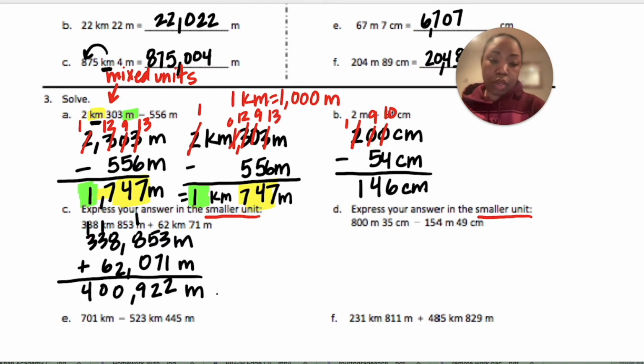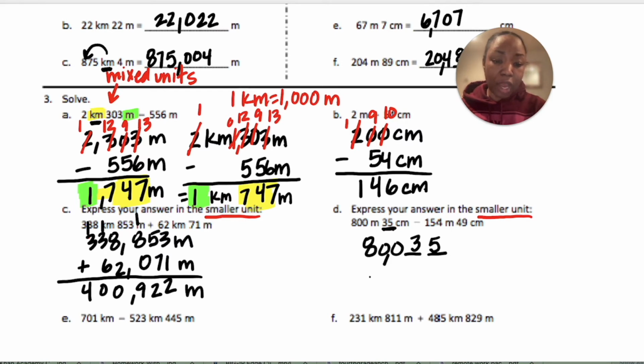For the next one, we have meters and centimeters. So this would be 800 hundredths, right? So 800 with 2 zeros plus this 35, so 35, which makes 80,035.